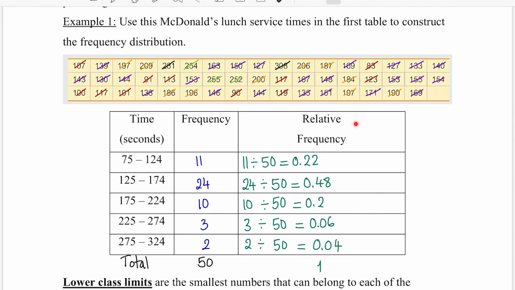Relative frequency can be in decimal or percent, so you can always convert these decimals to percent. The total of these percentages is equal to 100%.